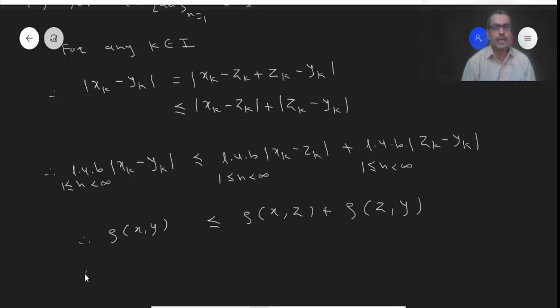Therefore we say that rho is a metric on L infinity.